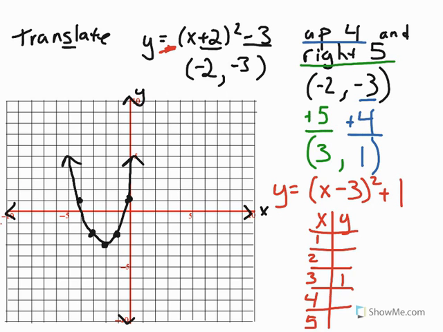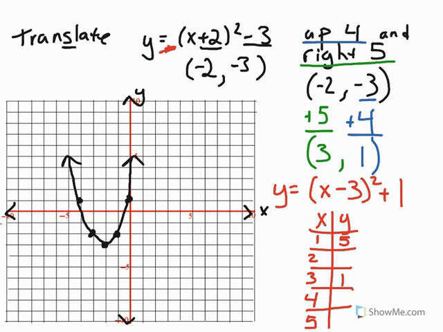I'm going to give you a little bit of time to try to fill those points in on your own. Remember, you're plugging the x values on the left side of the table into the equation, so you'll be plugging 1 in for x first. And when you do that, you should get 5.